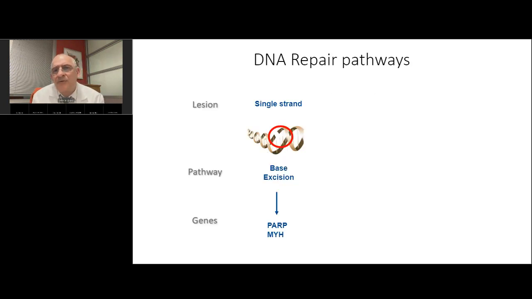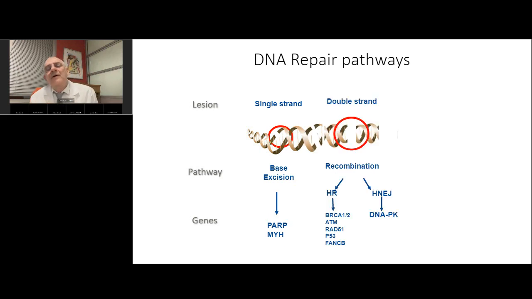DNA repair pathways is a very complex process, and I will not go through all this process. Let me reassure you for that. But just quickly remind that we do have repair pathway specialized in a single strand break. And we have to mention here an enzyme called PARP. We also have double strand breaks repair pathway.